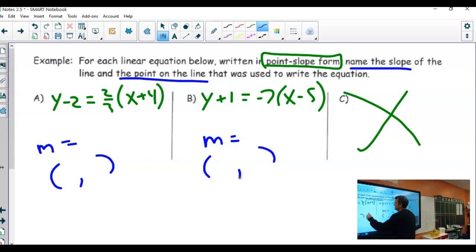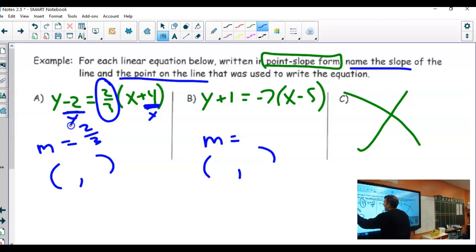Well, the slope is easy, right? The slope is 2/3. It's right here. But what is the point that I used? Well, here's the x value and here's the y value. But the thing you got to pay attention to is the sign, right? So the x value was actually x minus x1, but this is plus 4, which means in my ordered pair, it must have been a x value of -4.